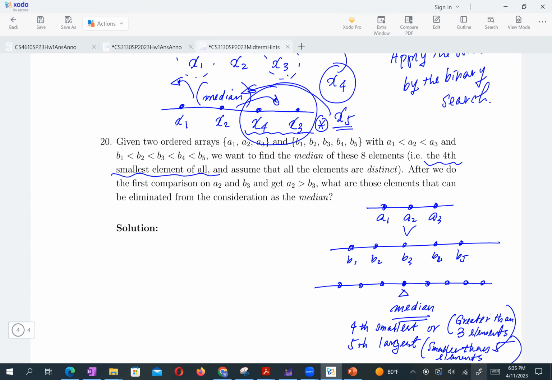Sorry, not 6. I need to correct that. If you can find some element that is smaller than 5 elements, then it cannot be the median.